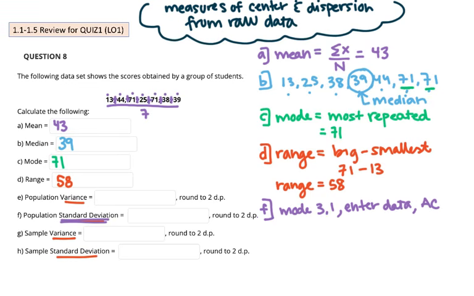And since it's raw data, you'll just put all the numbers 13, 44, 71, all that on the left, and it will just populate the frequency of 1, 1, 1, 1, 1 on the right. Then you press AC. And then to calculate the population standard deviation, that's going to be shift 1, 4, and population standard deviation is this Greek letter, sigma. So shift 1, 4, 3, and you'll get sigma, which is the population standard deviation.